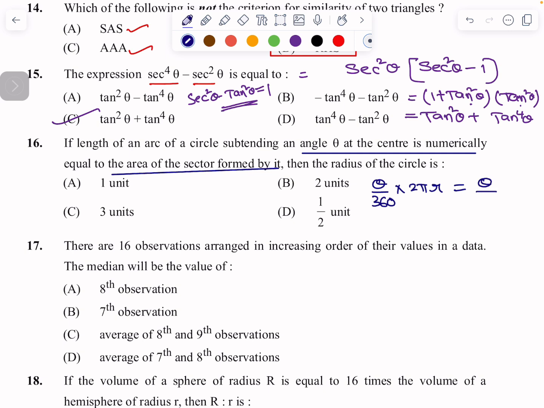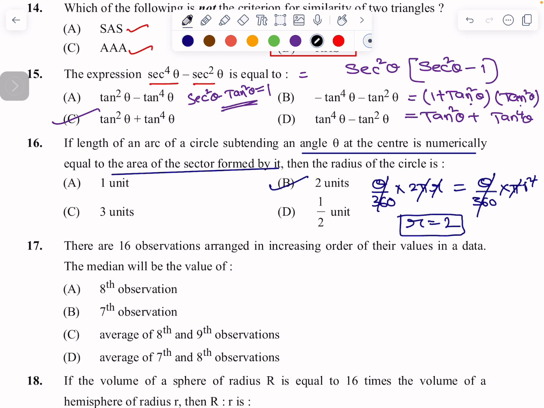So theta by 360 into pi r square. Okay, so here theta by 360 gets cancelled, pi gets cancelled on both sides. Here r square and r get cancelled, so 2 equal to r, then r equal to 2. Then the radius of the circle is how much? That is 2. Is it clear, everyone?